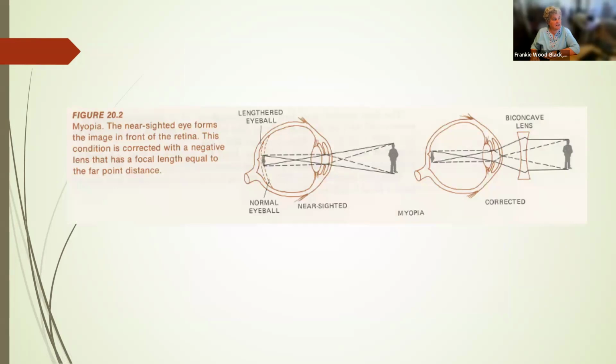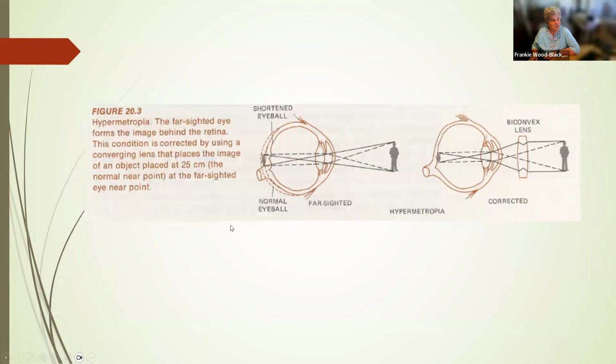So this is looking at the differences between nearsightedness and farsightedness and what's happening. If you are nearsighted, the light is coming in and it's not reaching the back, where the retina is, whereas my lens will correct for that and position it onto my retina so that I get a clear view.